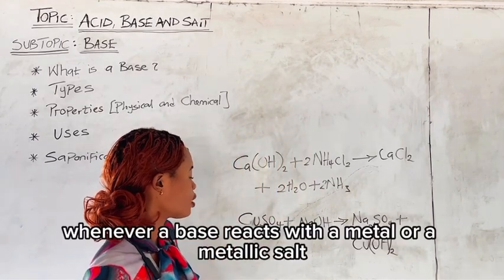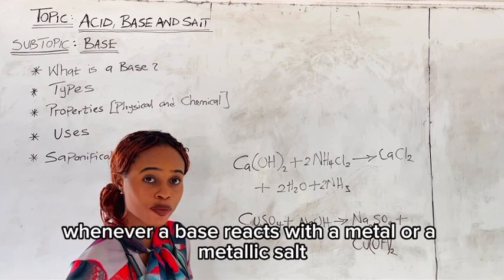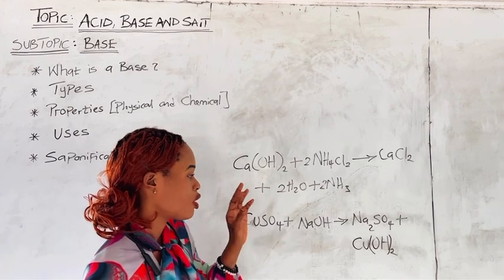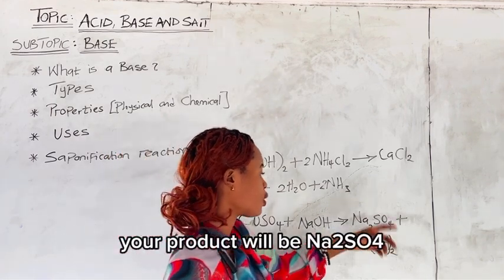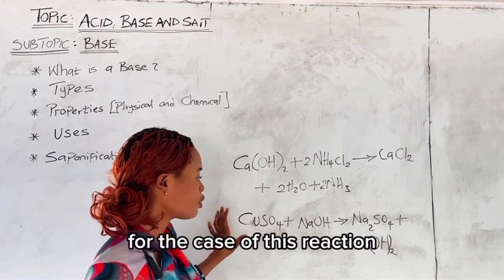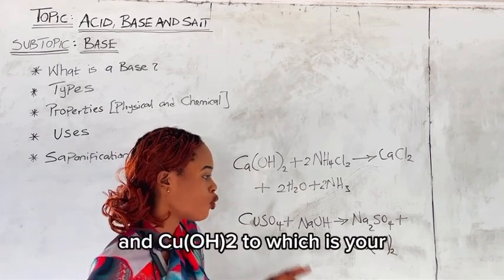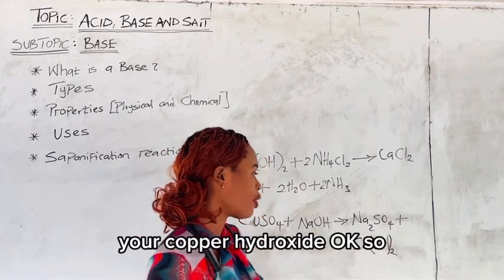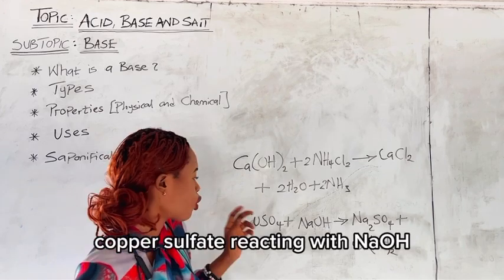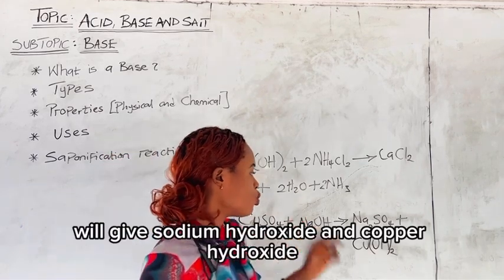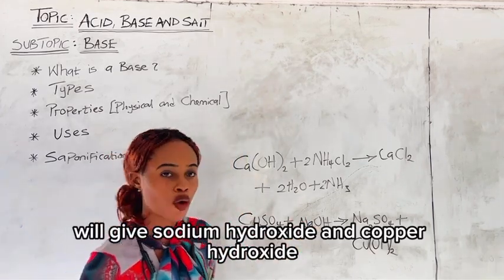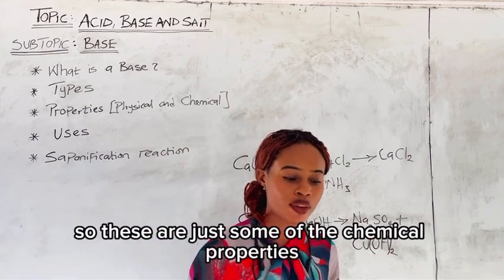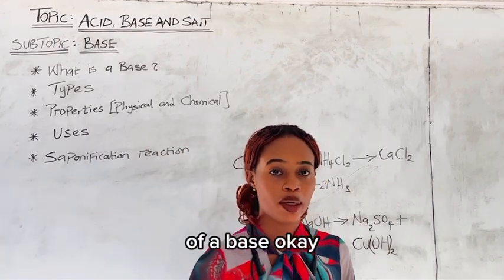Whenever a base reacts with a metallic salt, your product will be Na2SO4 in the case of this reaction, and Cu(OH)2, which is your copper hydroxide. So copper sulfate reacting with NaOH will give you sodium sulfate and copper hydroxide. These are just some of the chemical properties of a base.